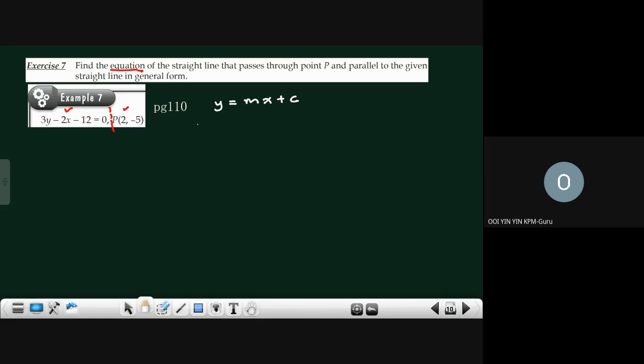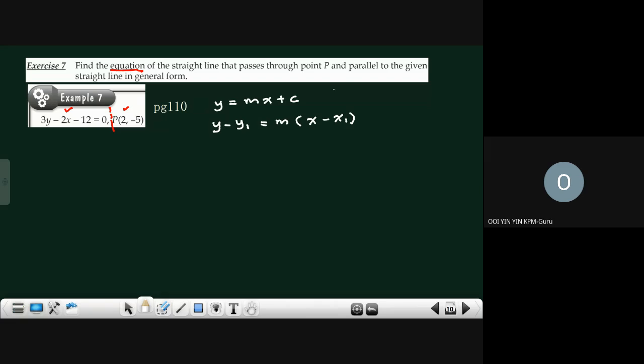I'm not sure whether you already learned it. The formula is y minus y1 equals m times x minus x1. Later you put in and rearrange, you also get y equals mx plus c.